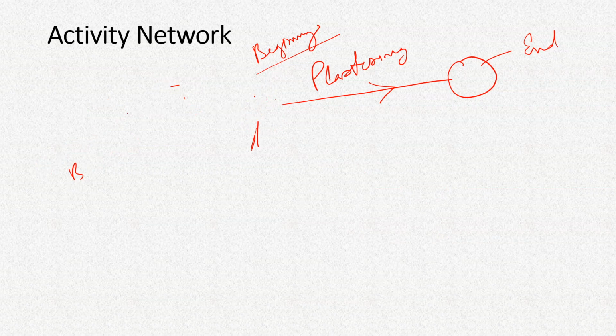There is another way, where the nodes represent the activity. That means this whole node is, suppose, brickwork, and this node is plastering, and the arrow doesn't represent the activity itself, it only represents the interrelationship, and whatever the duration is will be written inside this circle, or it may be a rectangle as well, depending on what kind of convention you follow.